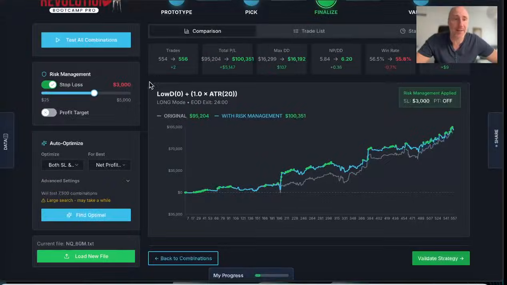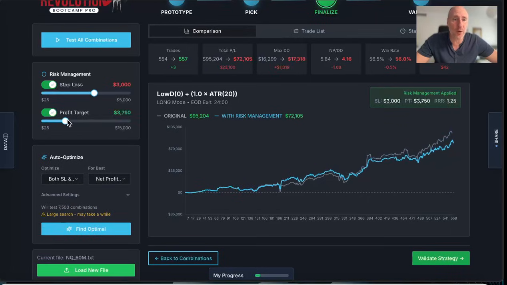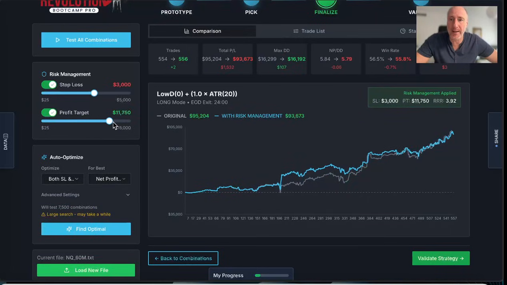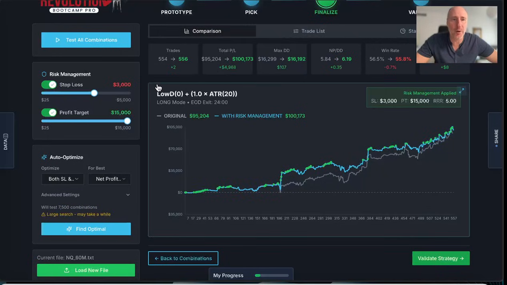Again, personally, I would leave stop loss and profit target until after we add some filter, but we still can model. How about profit target? So we can add some profit target like 15K and elevate a tiny bit more. But overall, not huge improvements, not worth adding them at this level yet.